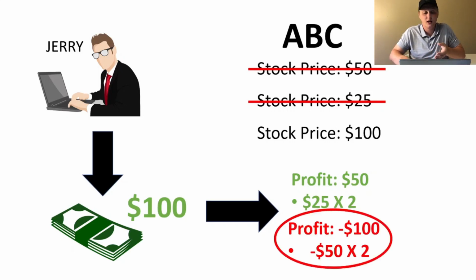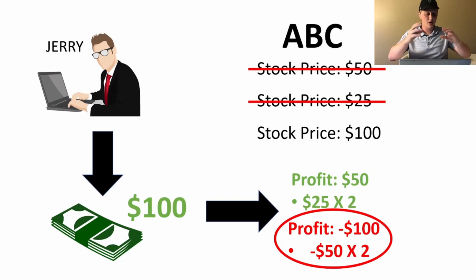So essentially, he's then losing $100. So he lost his $100 that he put into the stock, but he also lost the $100 from the stock doubling in value. That's why short selling is extremely risky, because technically a stock can grow an infinite amount.